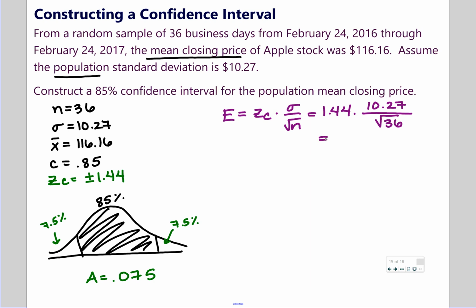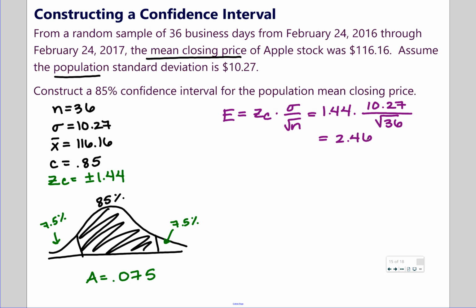Type the whole thing in your calculator. Let's give it 2 decimal places because everything's dollars and cents here. So times 10.27 divided by square root of 36, or 6. I'm going to get 2.46 is our margin of error.